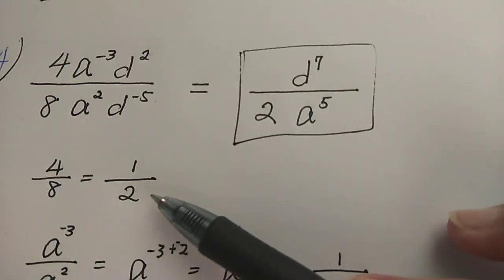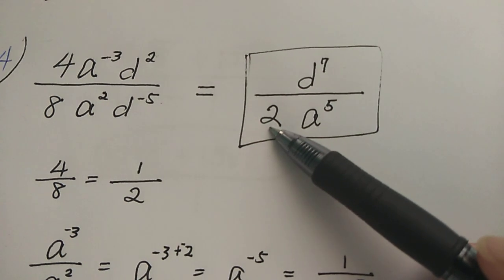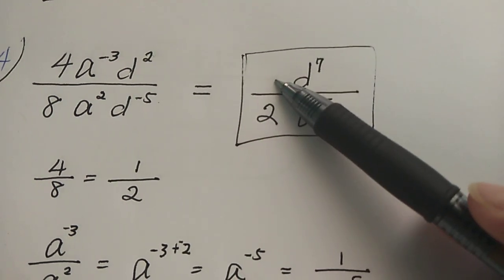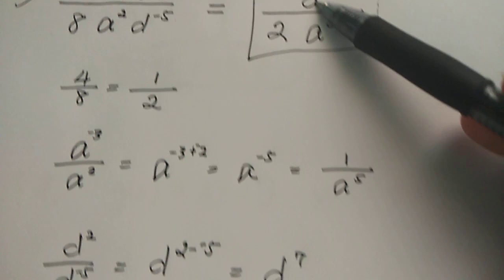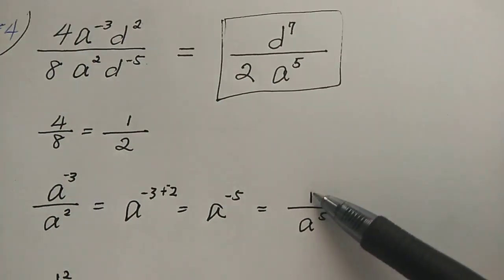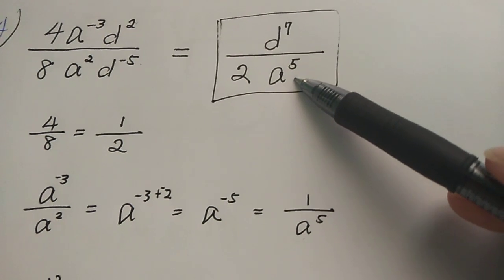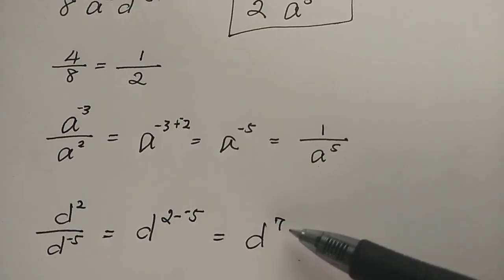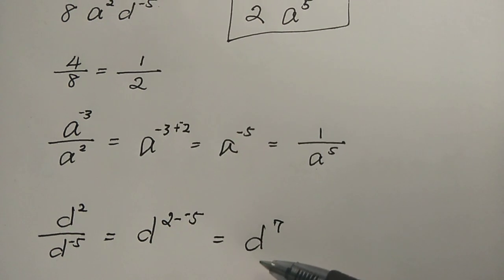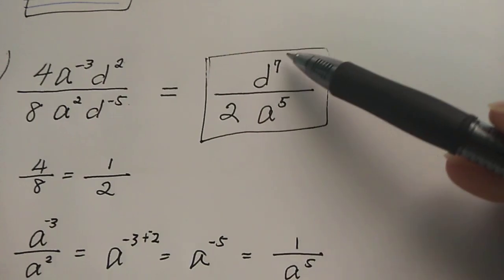This 1/2 has a 2 on the bottom, so you write the 2 on your bottom. The 1 goes on top, but you don't have to write it. Over here you have 1 over a to the 5th, so the a to the 5th goes on the bottom. And finally the d to the 7th, there's nothing to it, so it just goes in the numerator like that.